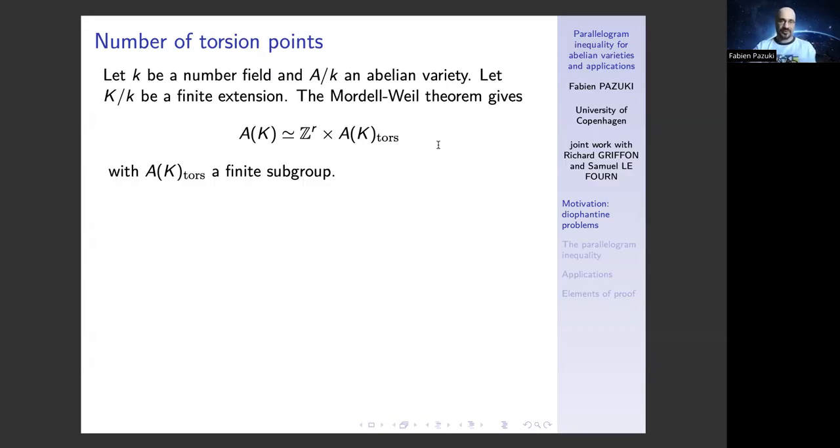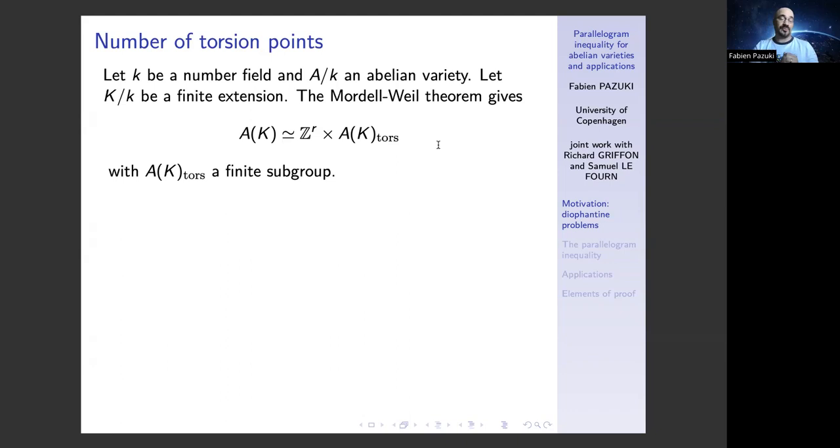We have, as a community, I'm not involved in this. But beyond that, for big number fields, or for bigger dimensions, so bigger than 1, torsion is still a bit of a mystery.